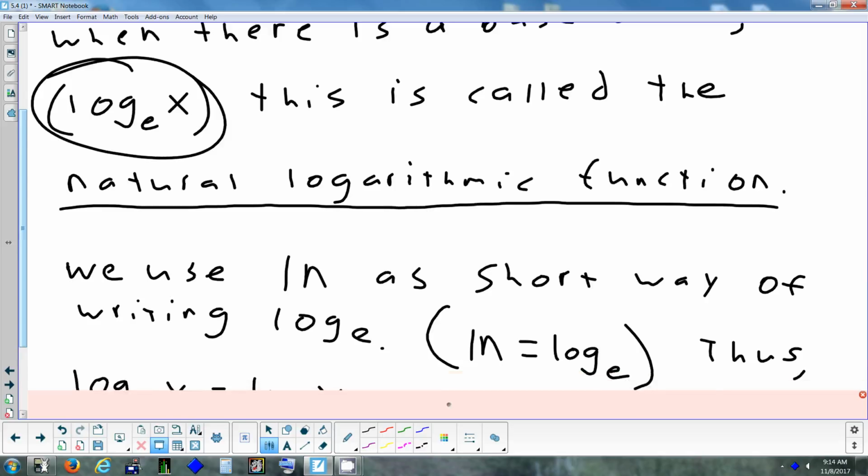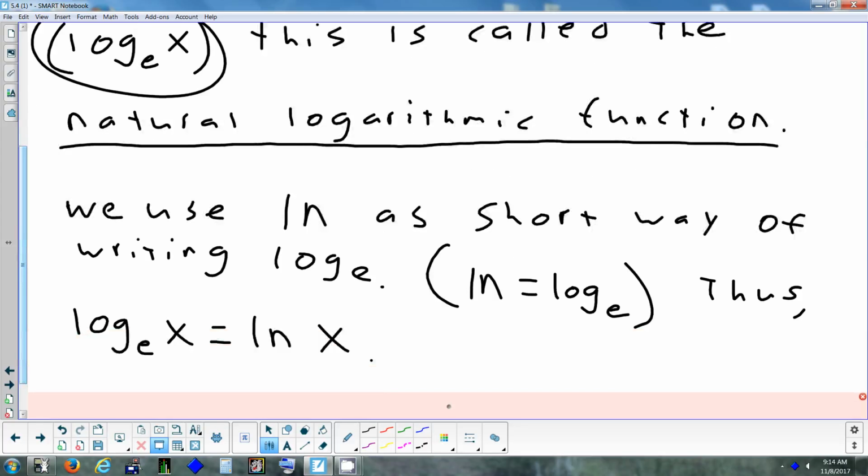So when we do problems, anywhere we see a log base e, if we want to shorten it up, we're going to change it to ln. So if I said to you to find log base e of 6, you could shorten that by just saying find the ln of 6. And besides those logarithms, those are the only 2 you can type into the calculator directly.